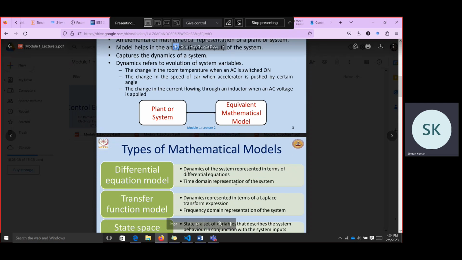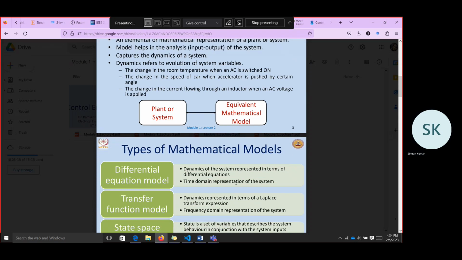And one more thing, that whatever system we are trying to control, that is a physical process or something, we are just modeling that mathematically. It's not the actual system. This is an approximation of the actual system.